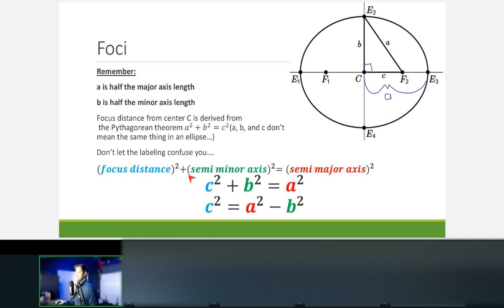But focal distance is C, semi-minor is B, and semi-major length is A. Okay, hopefully that is clear. I'd hate for you to confuse these variables, A, B, and C, with those of the Pythagorean theorem, A, B, and C, because they're different. But we are using the Pythagorean theorem.